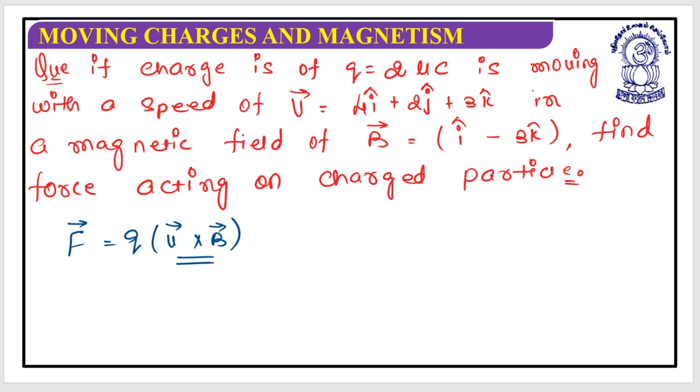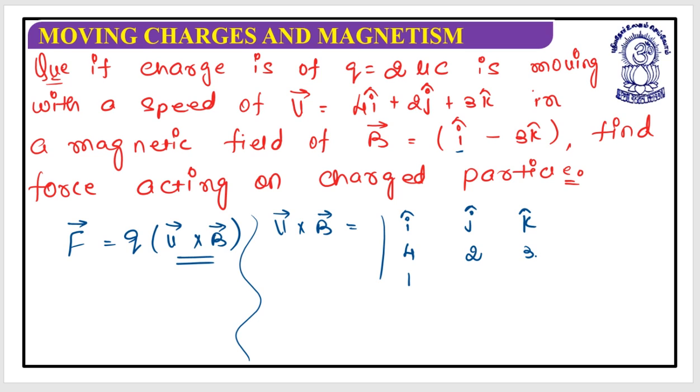Initially, the v cross B can be written as the determinant of i cap, j cap, k cap, then the coefficients of v, which are 4, 2 and 3, and then B. Please remember this is i cap, so 1. Here no j cap is there, so you need to write 0, minus of 3 k cap.